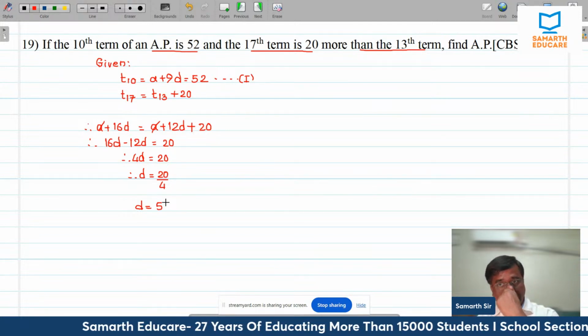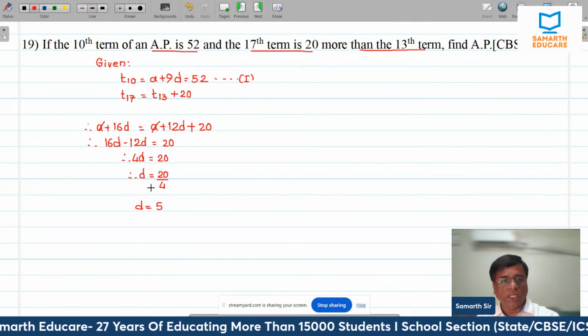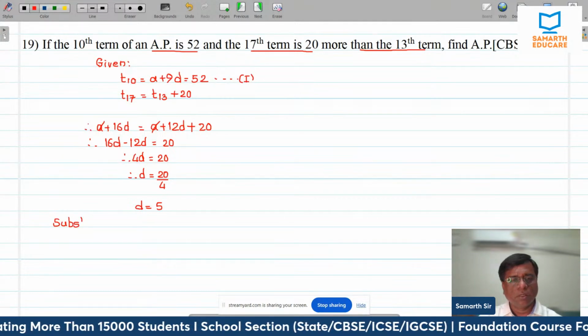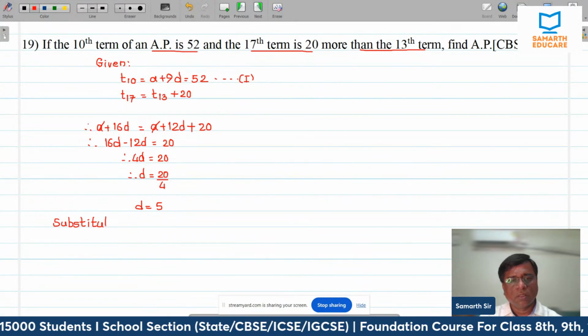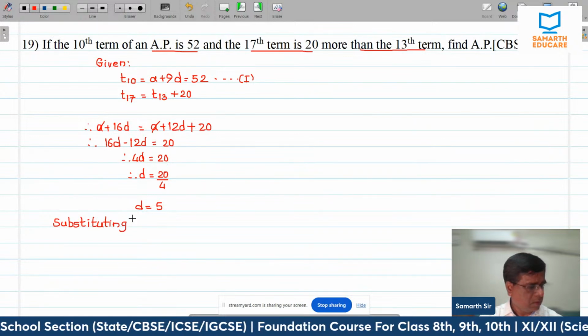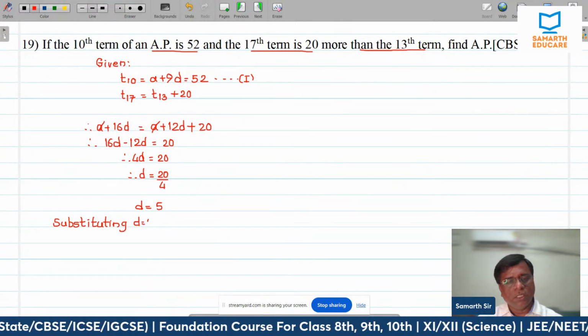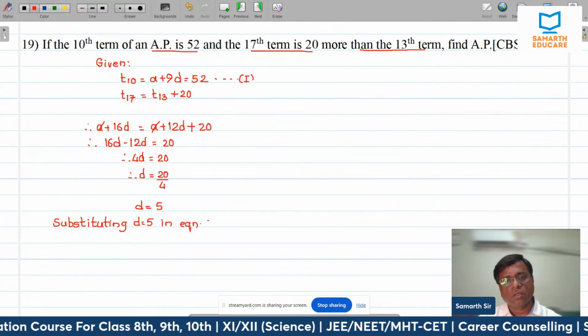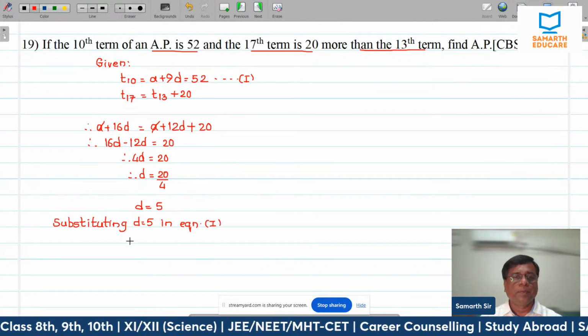Remember, the question is find the AP. We have to find the AP. Substituting D is equal to 5 in equation 1. Right?